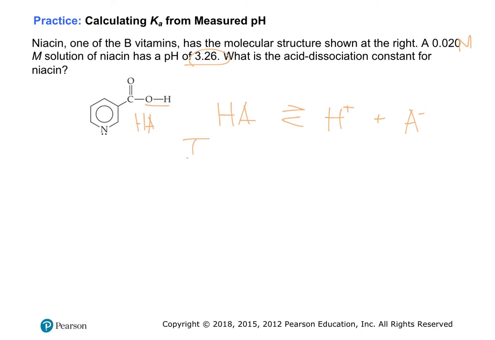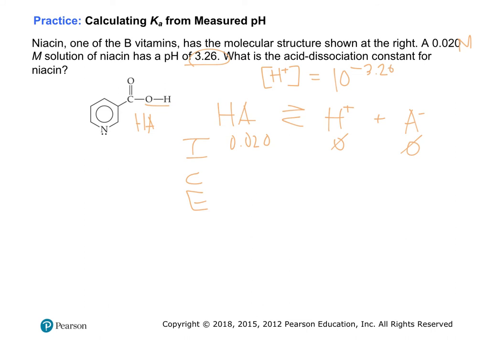We're going to set up our ice table. So initially we have a 0.02 molar, no concentration of our ions. And we can use our pH to find hydrogen concentration, 10 to the negative 3.26, the pH.